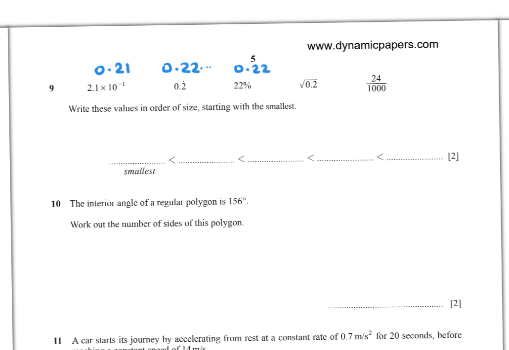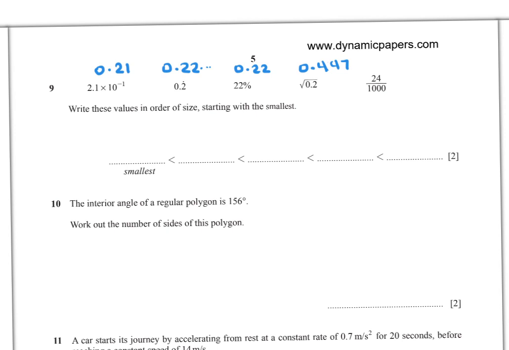Square root of 0.2 is 0.45. 0.45 exact. We have more. The next number, 447, we can write 447 to two significant figures as 0.45.